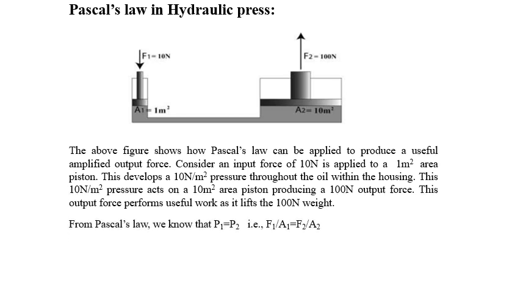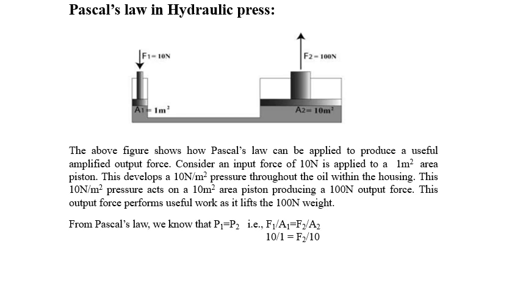See, from Pascal's law, we know that pressure at the input piston equals pressure at the output piston. P1 equals P2. This is denoted by P equals force by area. So P1 = F1 by A1 equals P2 = F2 by A2.